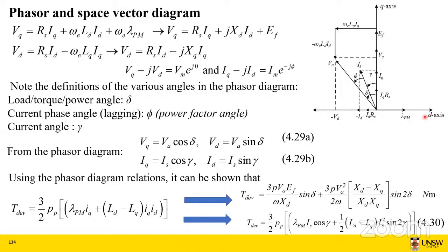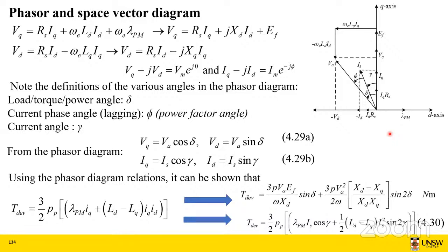And why do we keep it in the d-axis? Because if you remember, the definition of the d-axis was along where we have the pole face. So the definition of the d-axis is along the magnetization direction of the magnets.